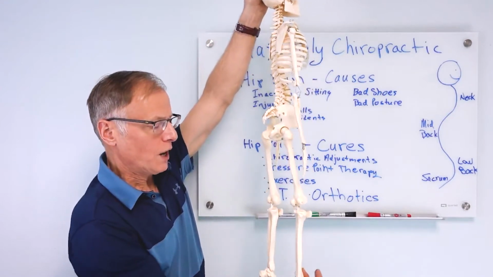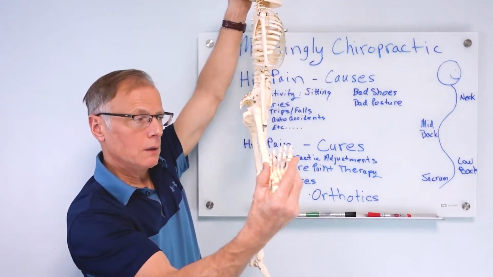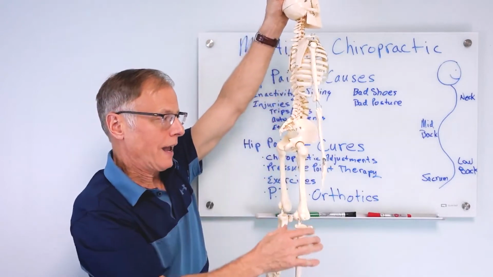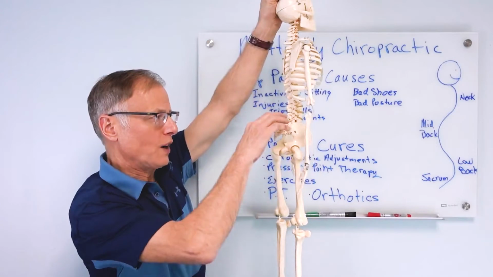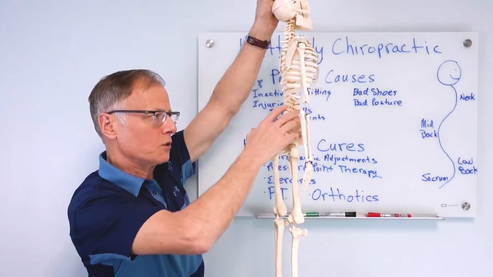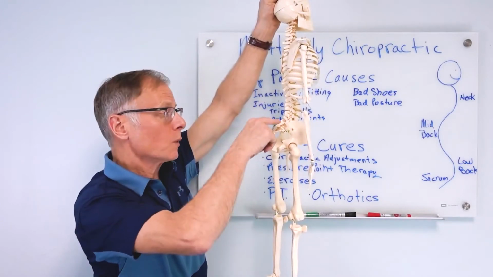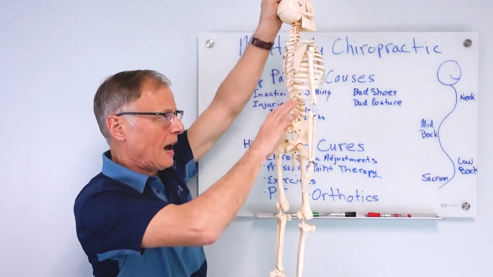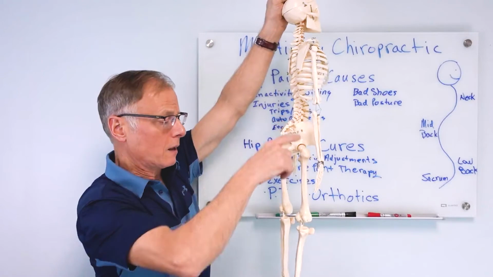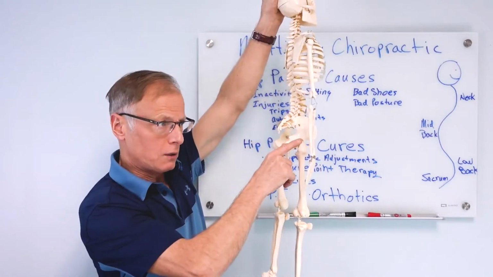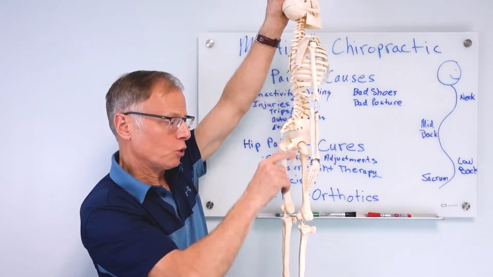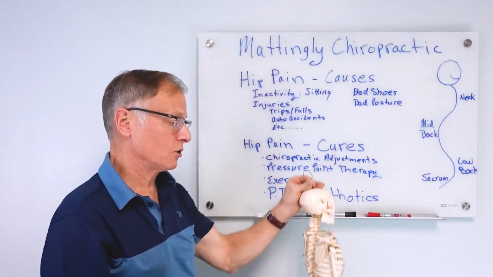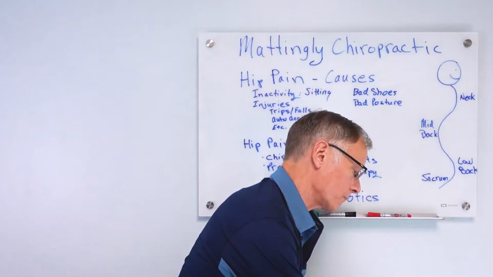When your foot gets out of alignment, it can cause problems up the whole chain and cause you to start walking funny and create problems with the hip, lumbar spine and sacroiliac. So I do adjustments of the spine, sacroiliac, the hip joint itself, the knee, and the foot. So chiropractic adjustments are a very important part of a cure.